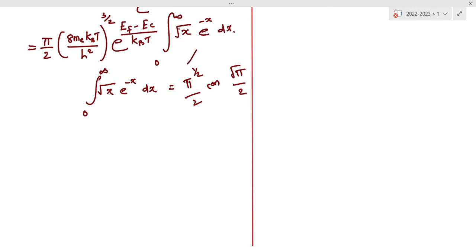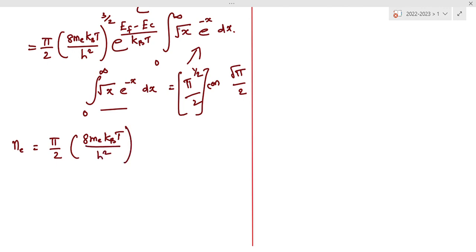Therefore, substituting the integral values in the above equation, we get n is equal to pi by 2 (8 me kBT by h square) the whole power 3 by 2 e power (EF minus EC) by kBT, and then instead of this integral we are going to write pi power half by 2.